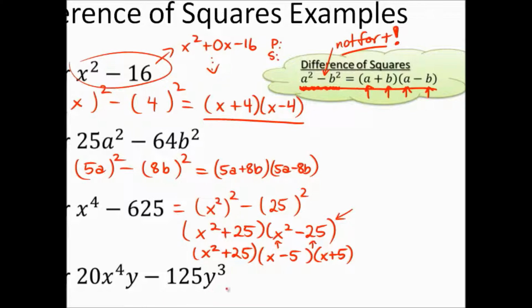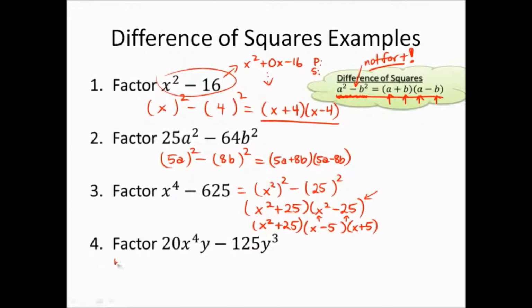Okay, next up, let's see if we can factor this. It doesn't seem we have nice perfect squares, does it? However, we have two terms. So all we can really do is take out the greatest common factor. What is the greatest common factor of 20 and 125? Well, 125 is divisible by 5 and so is 20. So let's try that.